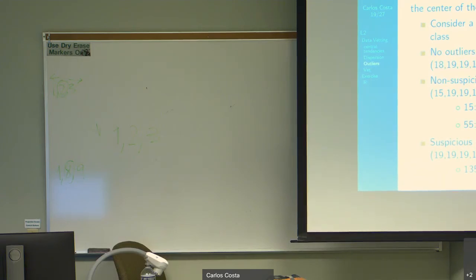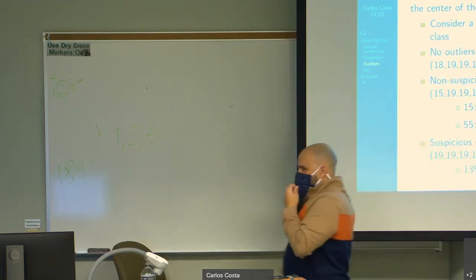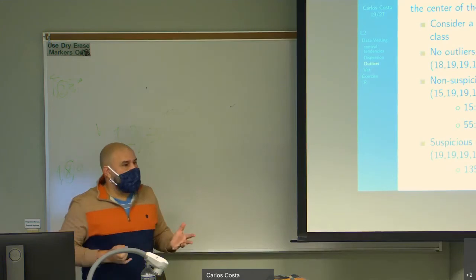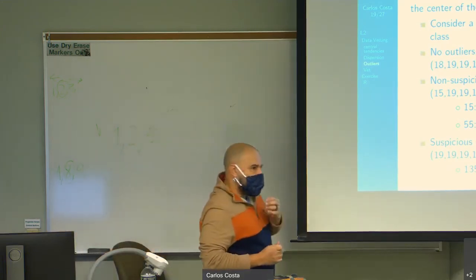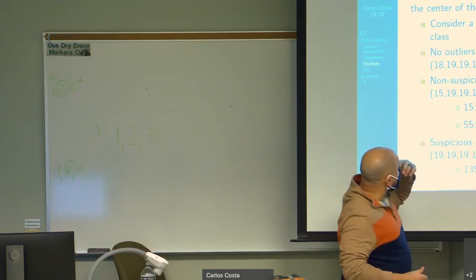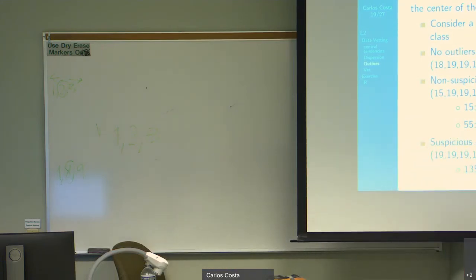So let me give you an example, moving away a little bit from happiness, but still very palatable. Imagine that we're trying to figure out the age of people enrolled in an undergraduate level class. These are actually real numbers from my 3020 class. The average age is 21.